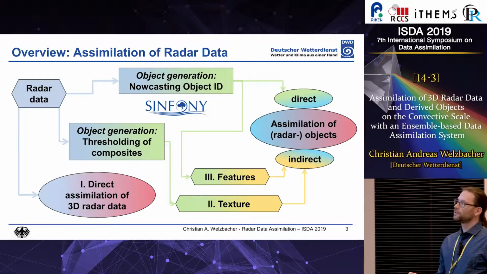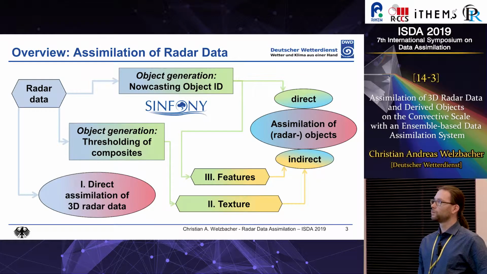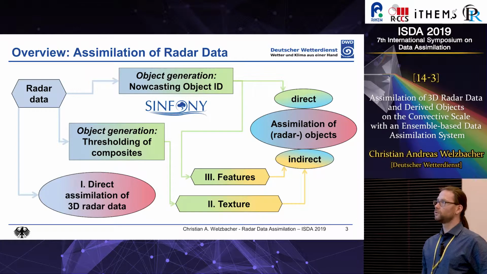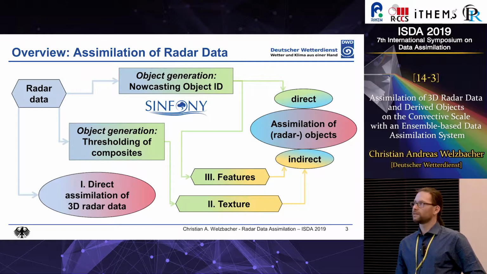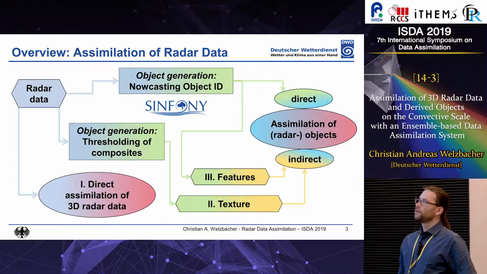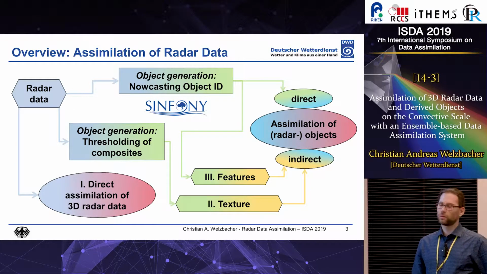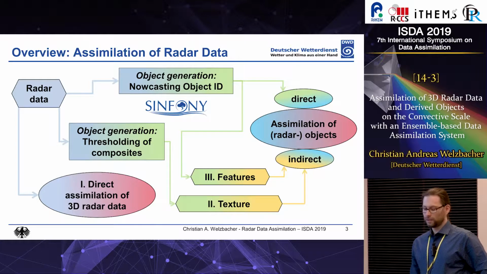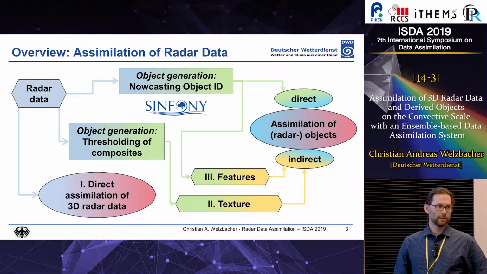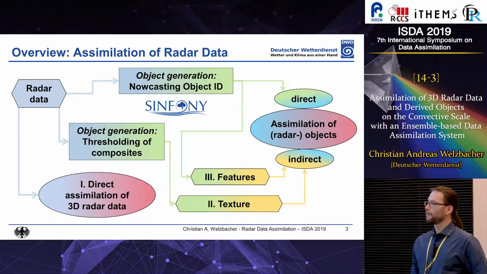And you could go ahead and try to assimilate those directly, which is a tough kind of work because you have to do some matching, which I might come back to later. But you could also assimilate those things indirectly as what I call feature assimilation. The idea behind that is inspired by the fraction skill score.